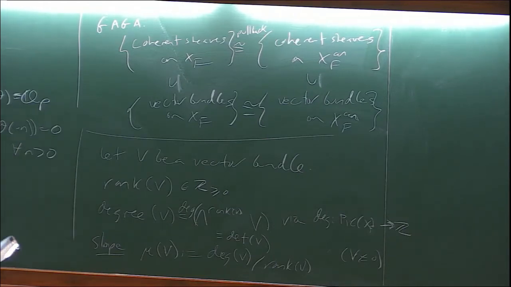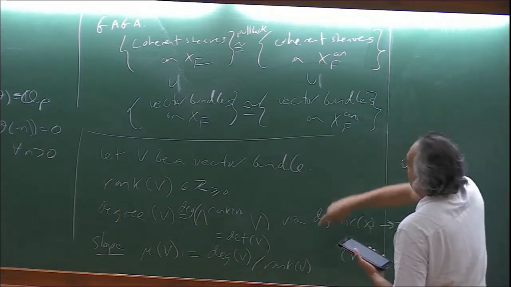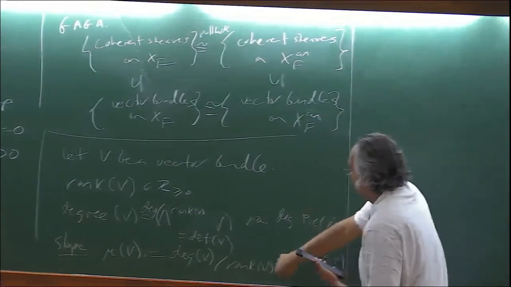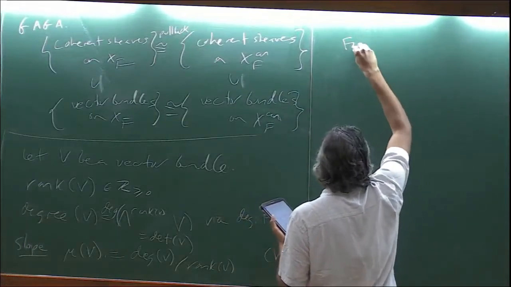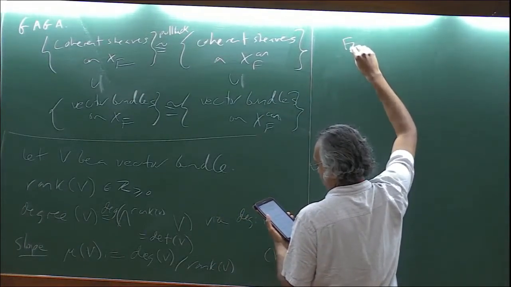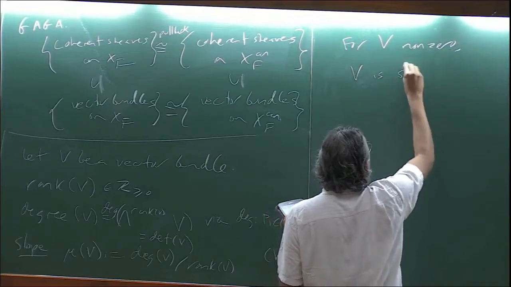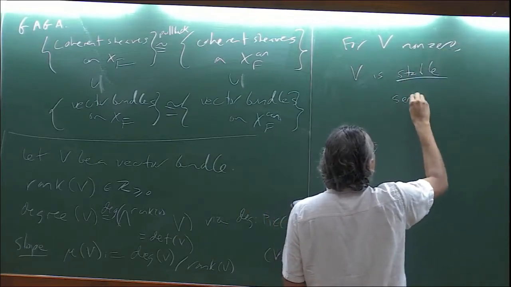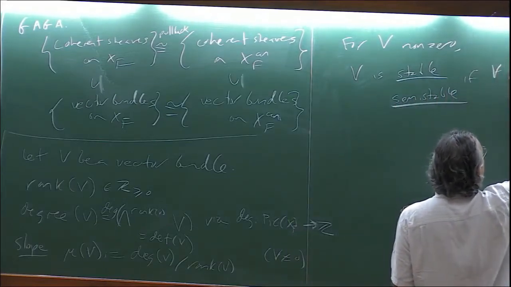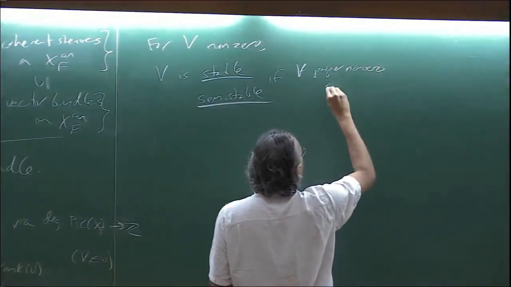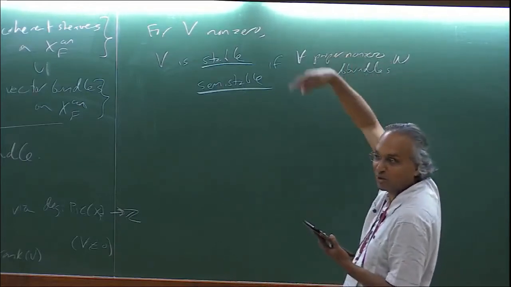in anticipation of that. And so the key definition here now is, well, this is one key definition. And once you've made this definition, it's natural to make this one. For V, so if V is non-zero, I'll say that V is stable or semi-stable if for all proper non-zero subbundles, proper meaning it's not the whole thing, not proper in the sense of a proper morphism.